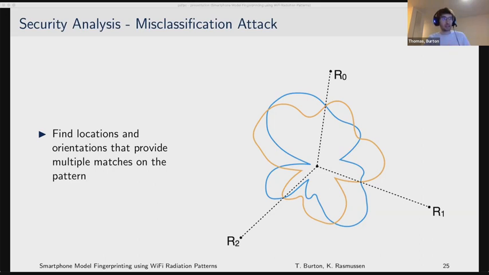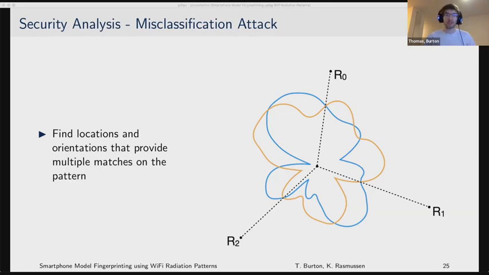Clearly we can see on the diagram on the right, we have two different measured patterns, and as you can see there are points of overlap, and this means that at a particular location, the device can pretend to be another device. However, we also need to consider that the attacker doesn't have control over the receivers.